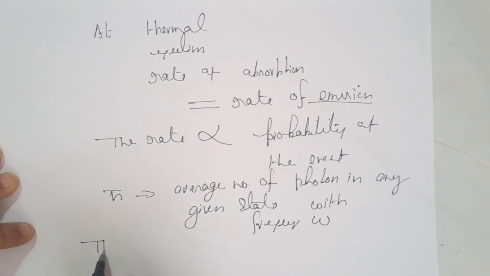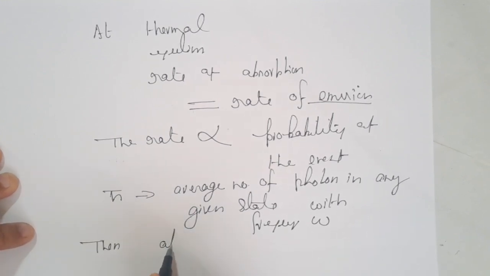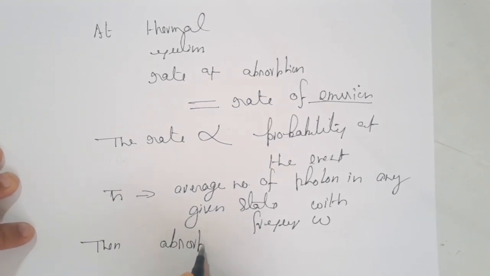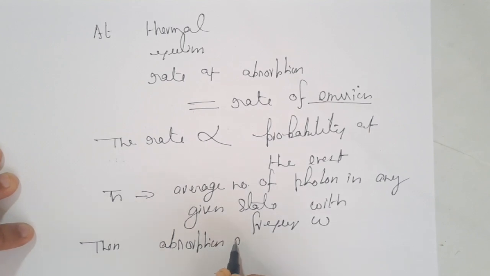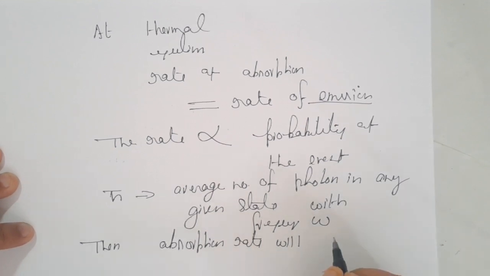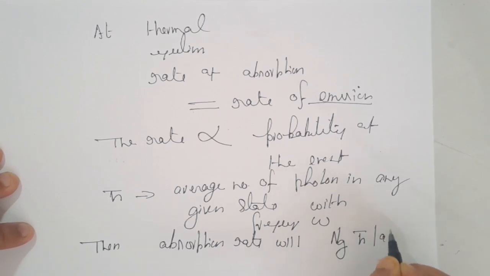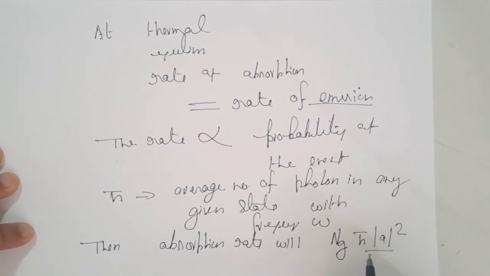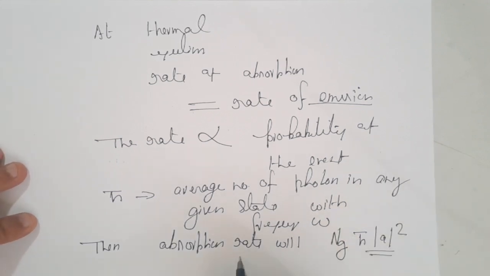Then the absorption rate will be Ng n bar A squared. This is the probability of the event of absorption.